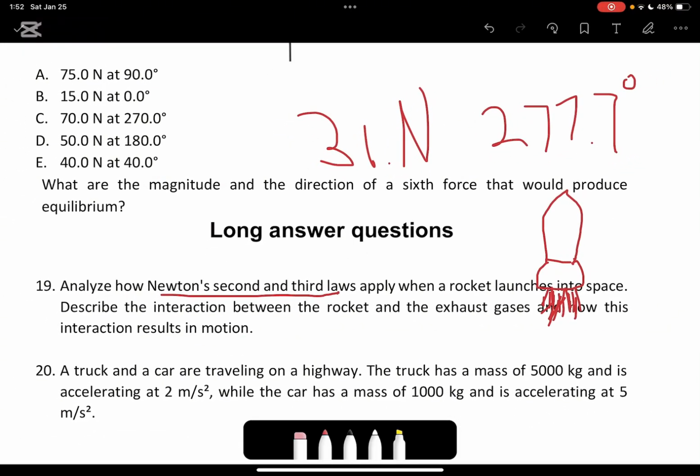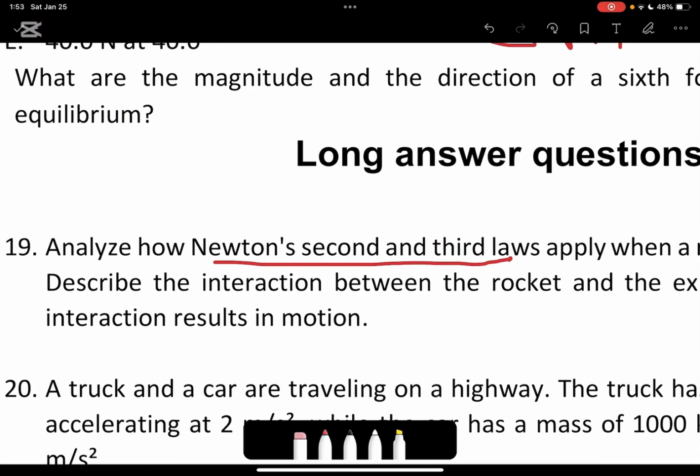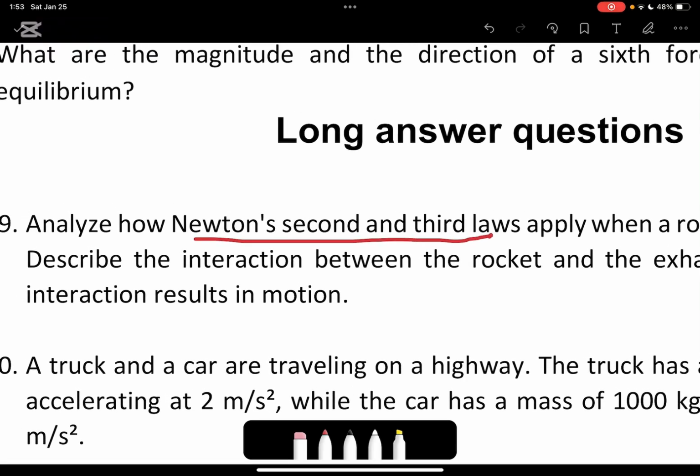And how does this result in motion? The rocket accelerates as engines produce a constant force while its mass decreases as fuel burns. This decreasing mass allows the rocket to accelerate more.